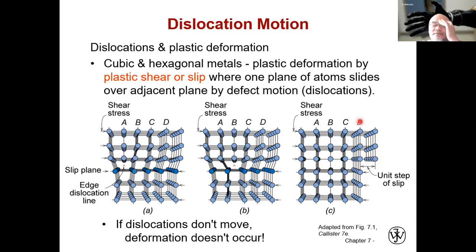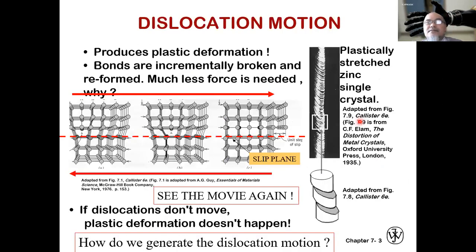If this dislocation motion doesn't happen, then deformation could not occur. So we can see deformation because the defect inside the material moves, which we call dislocation. So dislocation motion produces plastic deformation.